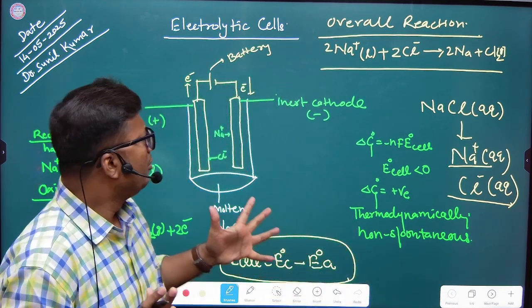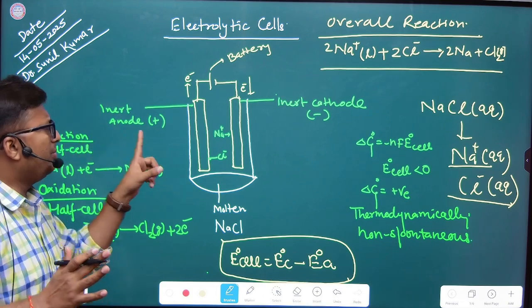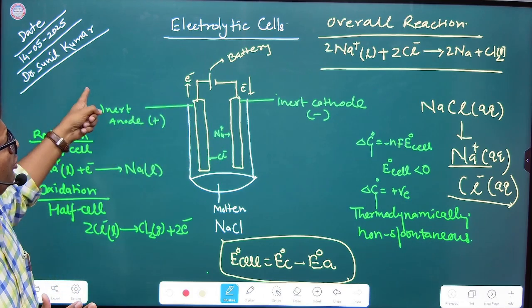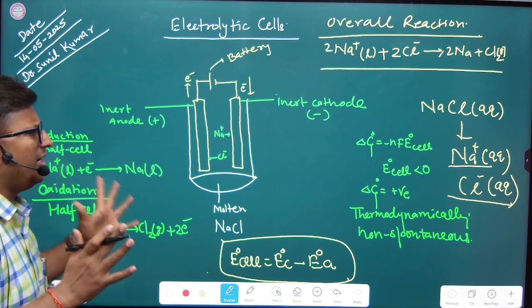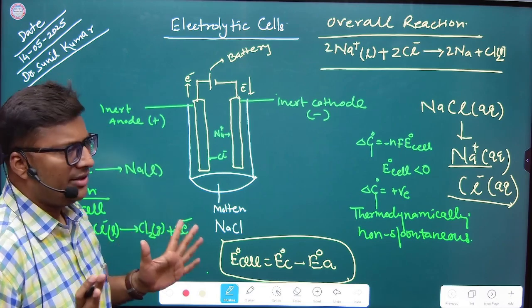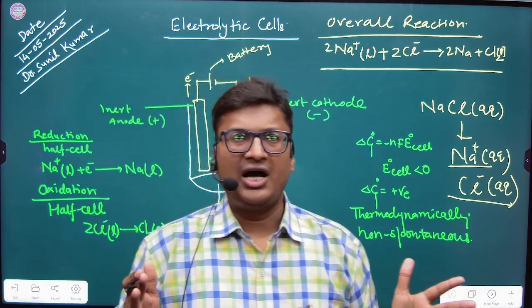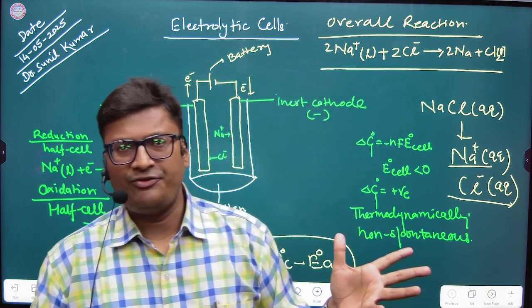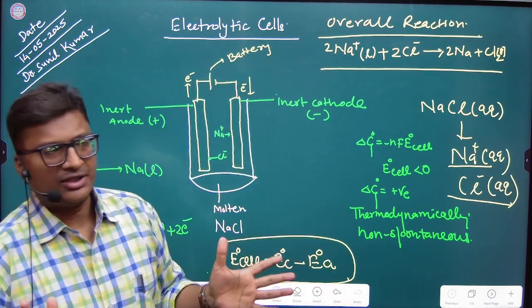So what differences occur during the setup of such an electrolytic cell? Here two inert electrodes are required, because they should not interfere with the redox chemistry of the electrolyte, right?